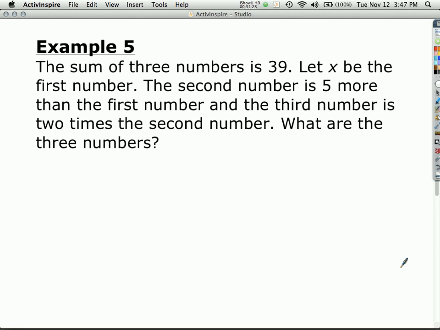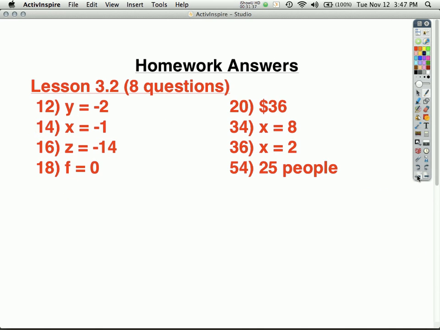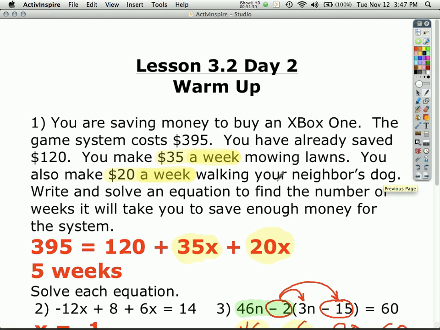So far this year, I've introduced to you and we've worked through all sorts of different real-world scenarios. For example, in the warm-up, real-world example.